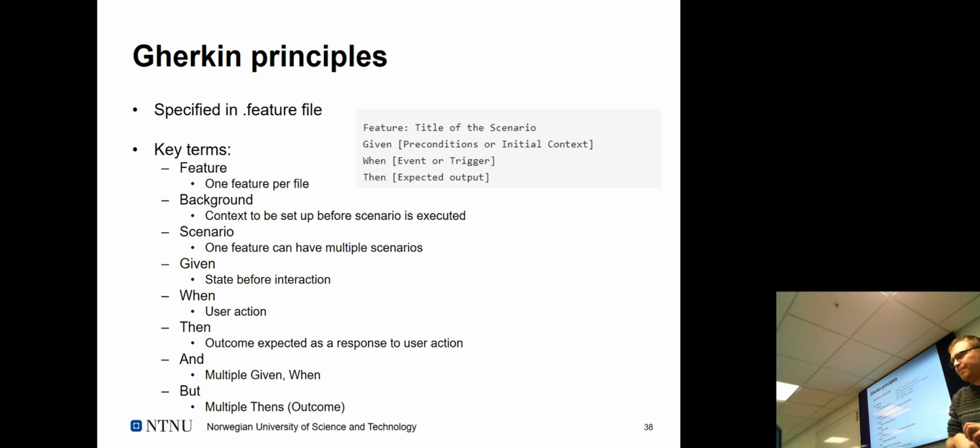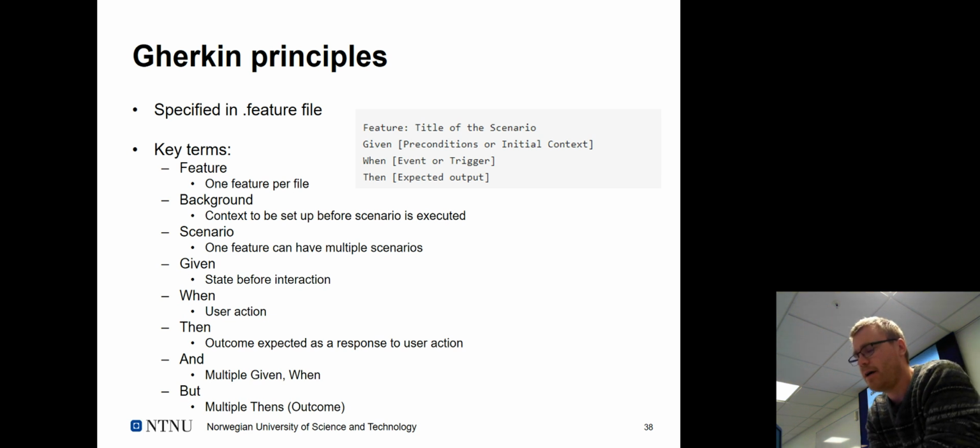And for organizational purposes, there are other concepts involved. Generally, we have one feature per file. There can be a background specification that needs to be set up. If you think about the setup method in JUnit, for example, where you need to connect to a database or things like that, if you have that general functionality done in the background, then you can have multiple scenarios.